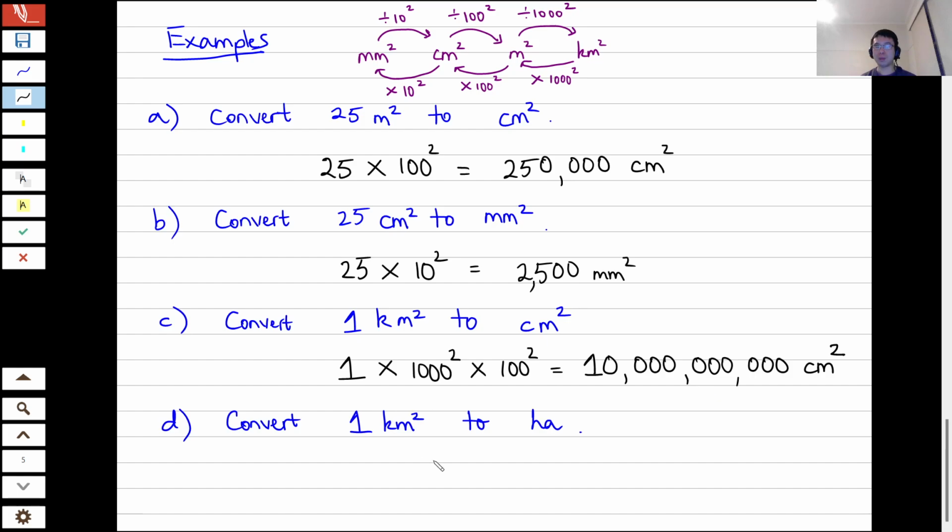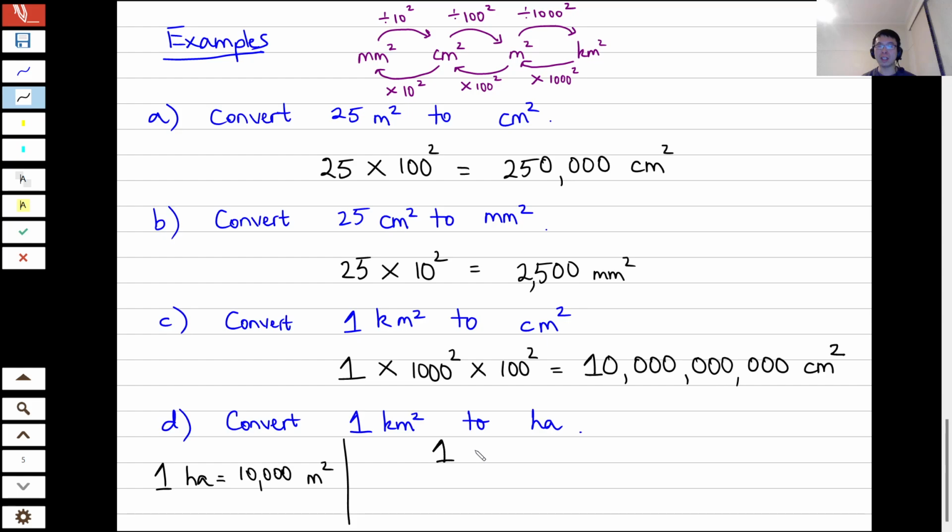Okay, last one. I want to convert from square kilometers to hectares. And for this, I need to remember that 1 hectare is the same as 10,000 square meters. So keep that in mind. Let's start by converting from square kilometers to square meters. To do that, I need to multiply by 1,000.